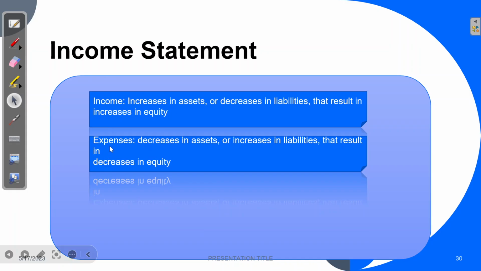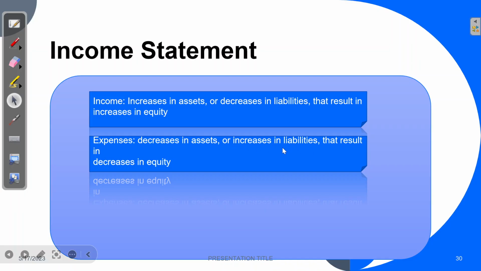Then we have expenses. Expenses decrease your assets, and they increase your liability. So expense is the other way around. Expenses always reduce your assets. Let's say you purchase an item. As you purchase, your bank account is reducing. So that's an expense, and it increases your liabilities.